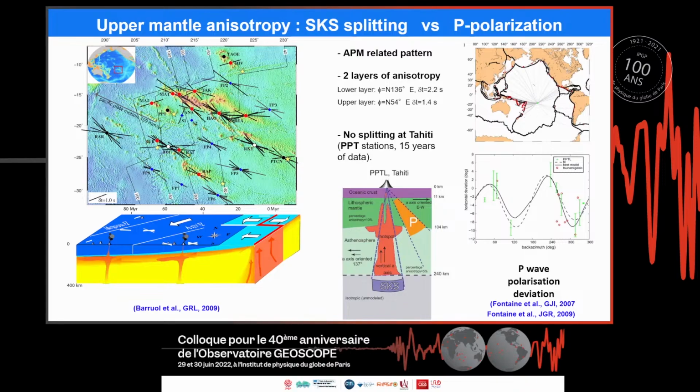The SKS wave propagates vertically and perhaps samples the mantle along an isotropic direction associated with the upwelling of the Society hotspot, which is very close to Tahiti Island, and the P wave travels at a higher incidence angle, and then samples less perturbed upper mantle in the lithosphere and the asthenosphere.